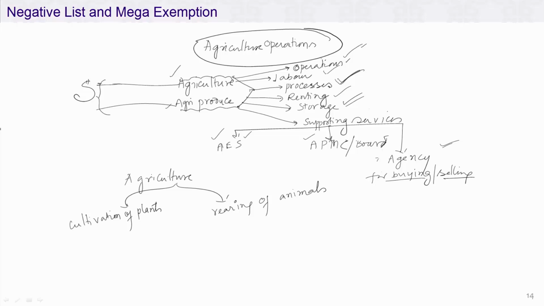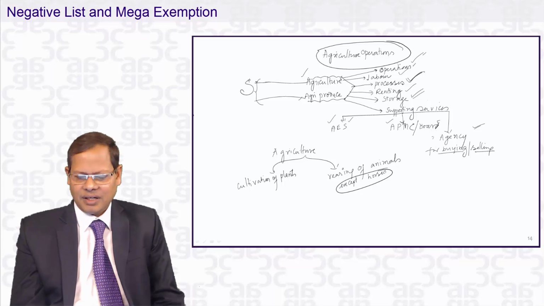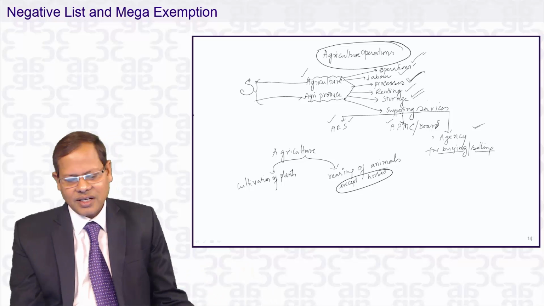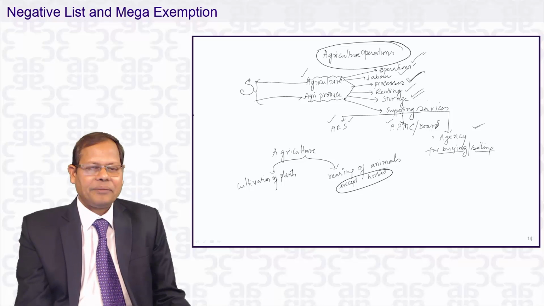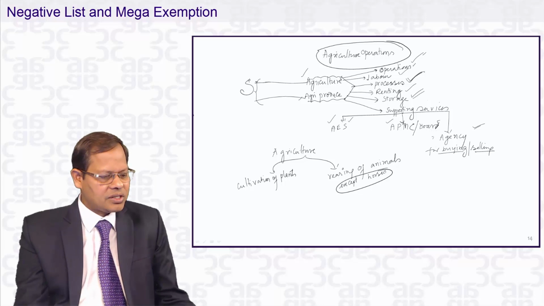But out of the rearing of animals, except horses, because horses are hardly used for agricultural operations. They are meant for something different. So herds, stable, or any activity relating to horses is not falling under agriculture, and it falls under non-agriculture category.